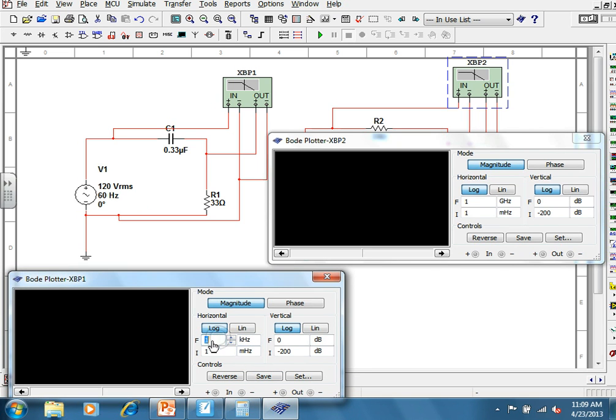We'll go like 50 kilohertz, and we'll go a hertz to 50 kilohertz. And the dB range is about right. And this guy here will do the same thing. We'll go 50 to a hertz.